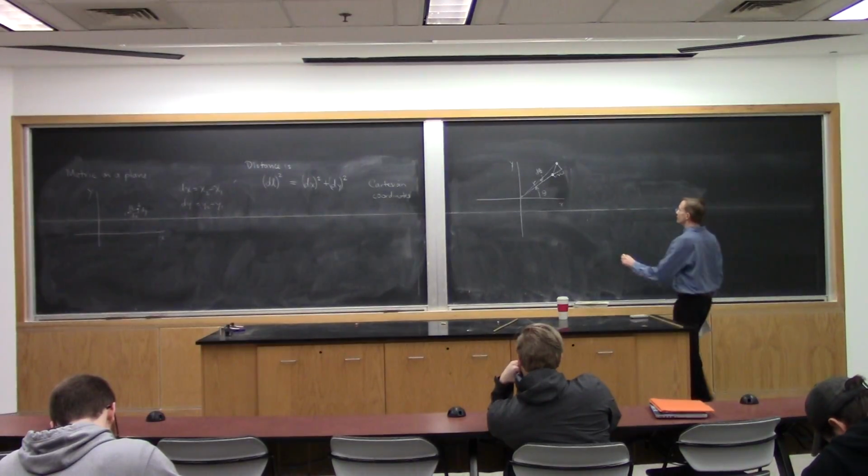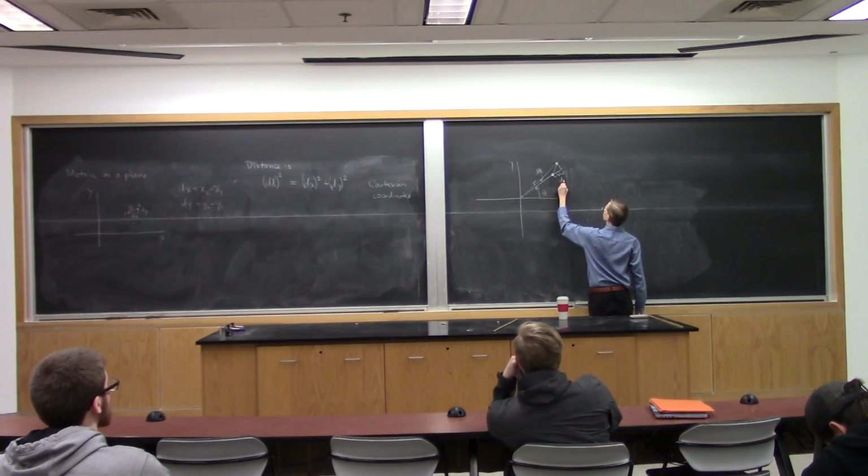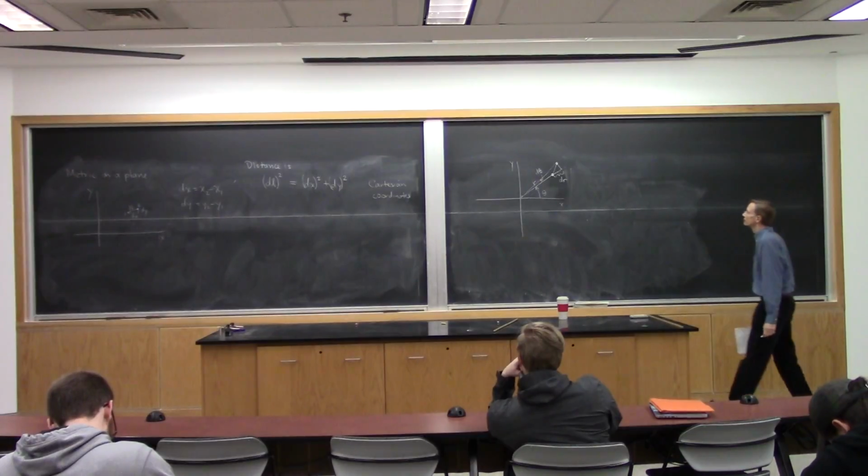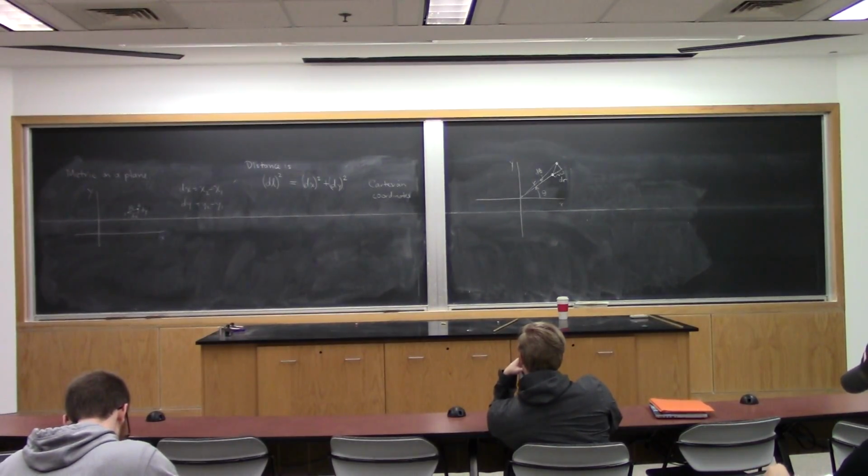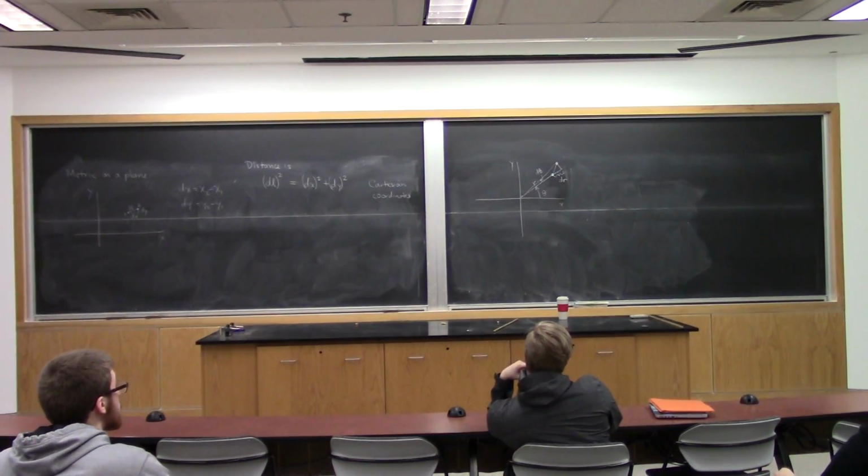And I will call the difference in the radial coordinates dr. And really dr is r2 minus r1. And as long as the points are small, I can make a little triangle like that, and that's dr.